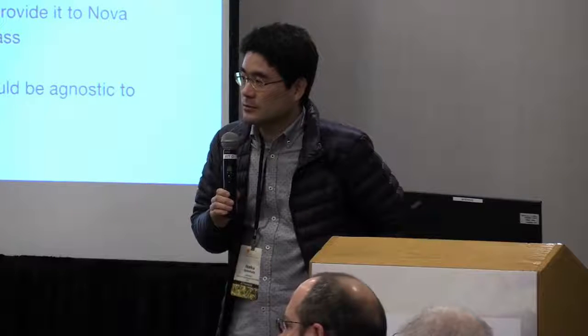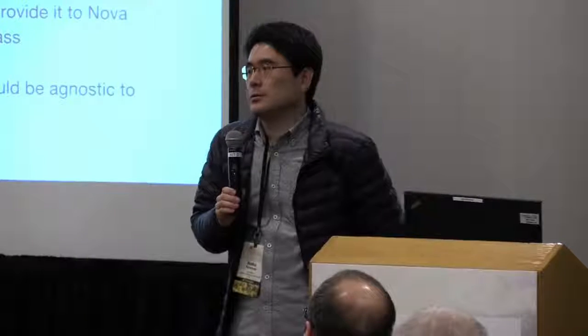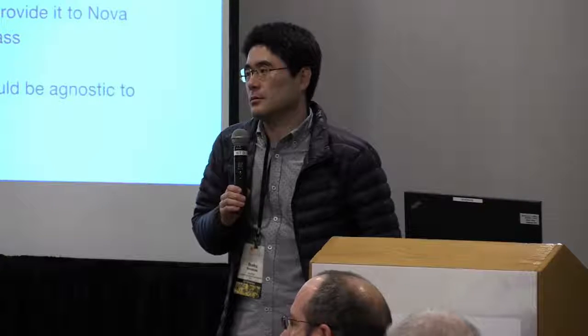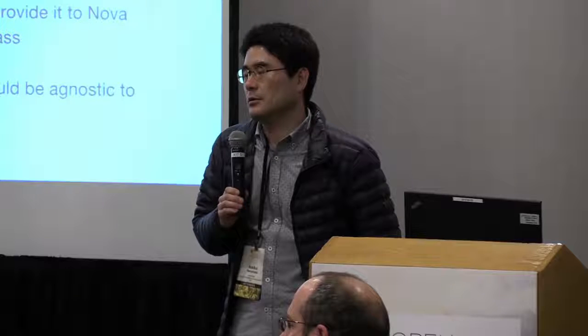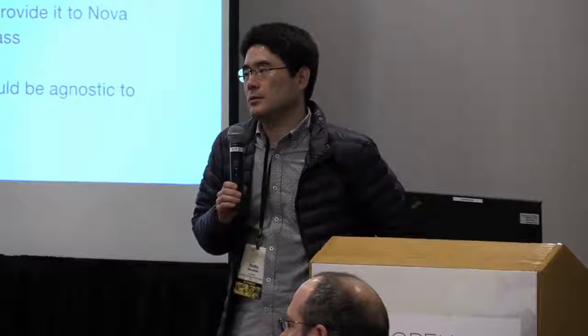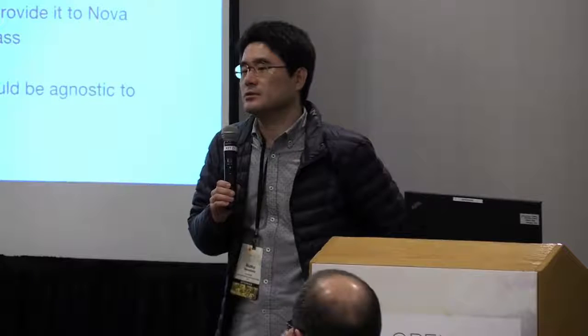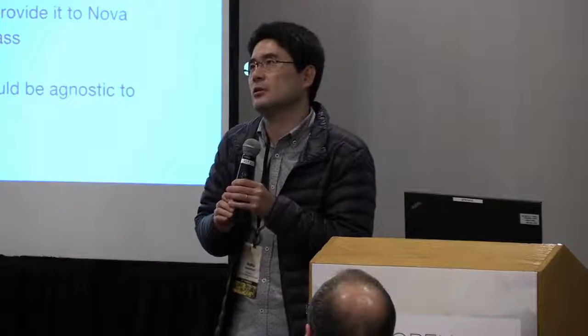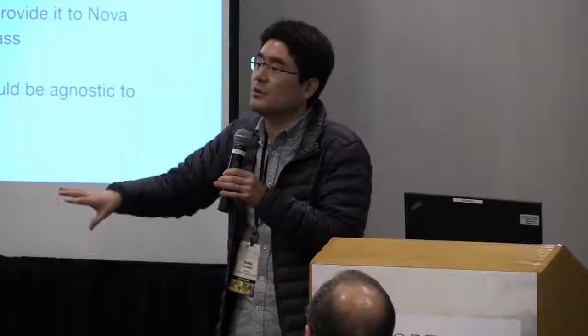Some of that host-related information would be in Nova, and you can populate that from Nova to Neutron, pass it as part of the Neutron port binding to ODL. Actually, at this point, Nova doesn't know about the network side.